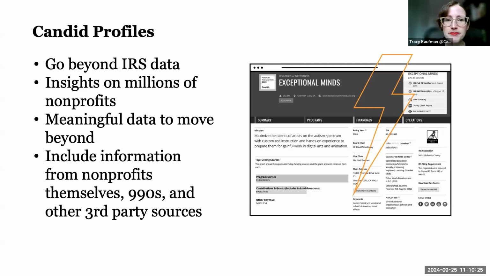All right, so can I just say that even if you are not familiar with what a Candid profile is, Candid knows who you are, because in most cases, they have your tax returns. Part of the deal, as you probably know, of being a nonprofit organization is you are committed to transparency one way or another, which is to say your nonprofit's tax returns, your Form 990s, are public documents.